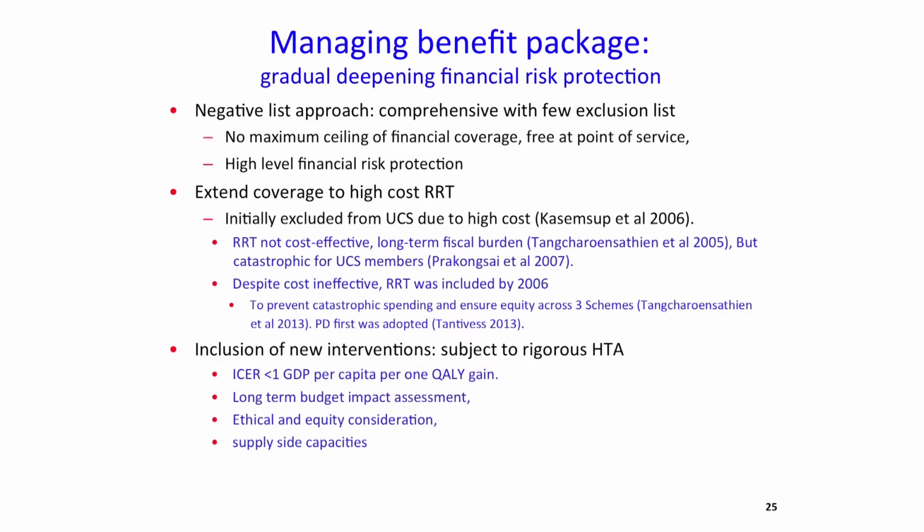Otherwise, today, new interventions, medicine, and services to be included into the benefit package are subject to stringent HTA, using an incremental cost-effectiveness ratio of less than 1 GDP per capita for one quality-adjusted life year gain.